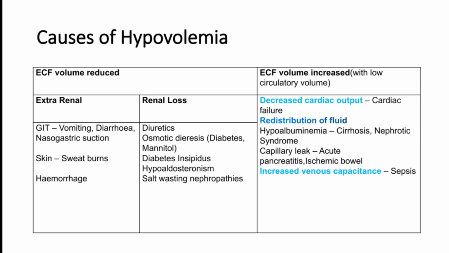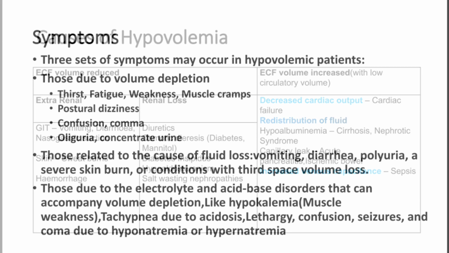So either the patient's volume status is completely depleted in the body, that is ECF volume reduced, or ECF volume is increased, like the patient is having volume overload but effective circulatory volume is low. Whenever the effective circulatory volume is decreased, it can reduce the circulation to various organs.